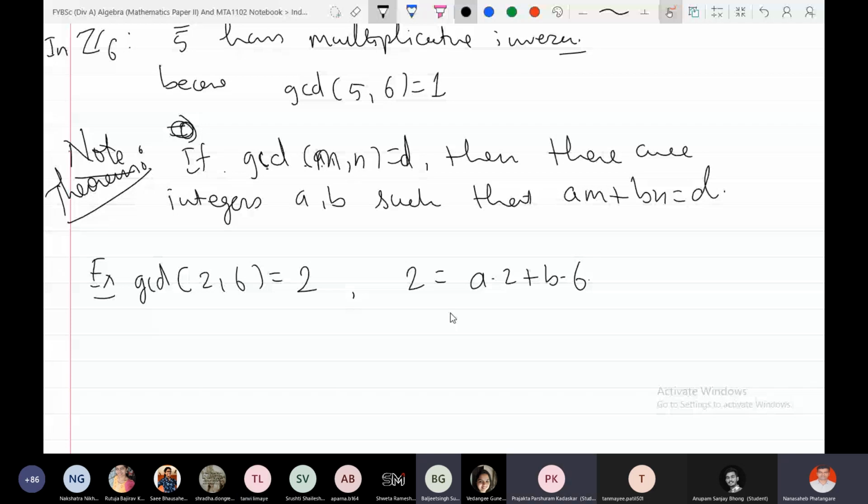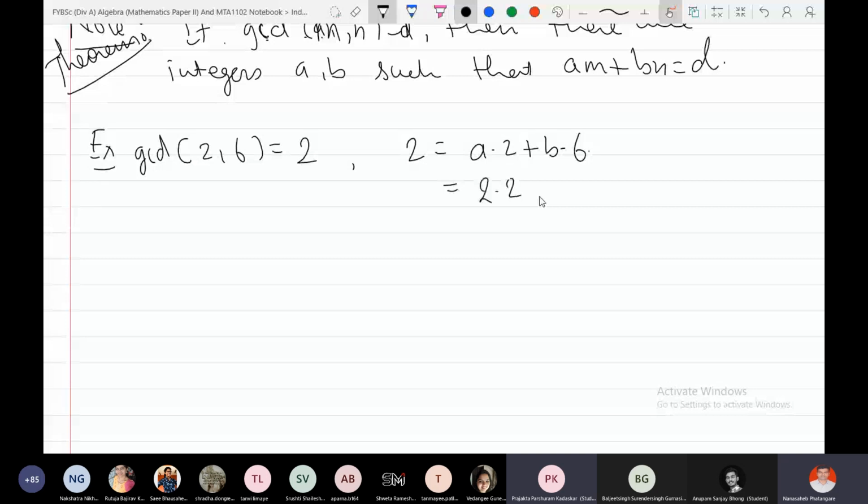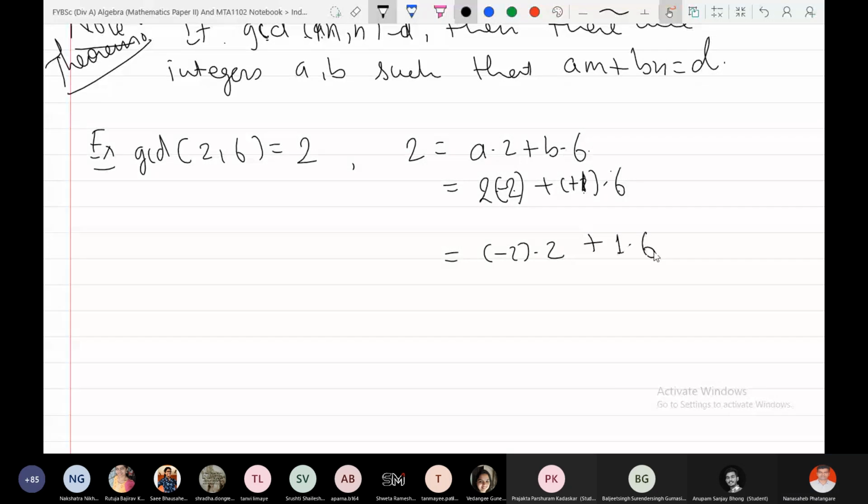Can you tell me such numbers a and b in this particular case? Minus 2 and 1. Minus 2 times 2, plus minus 1 times 6? No, what I want is plus 2. So minus 2 and 1: minus 2 times 2 plus 1 times 6. Am I right?